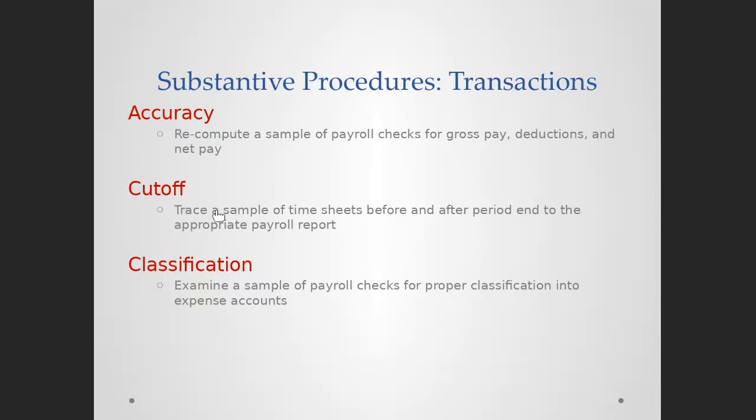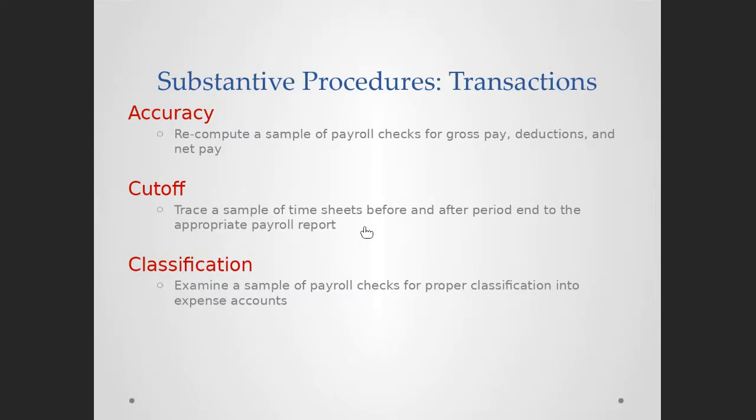Then we have cutoff. We take a sample of timesheets, and we want to make sure that the data on the timesheets are recorded as expense in the period. So if we have a set of timesheets for December, they should have been recorded as an expense in December. If we take a sample of timesheets in January, those should have been recorded as expenses in January.